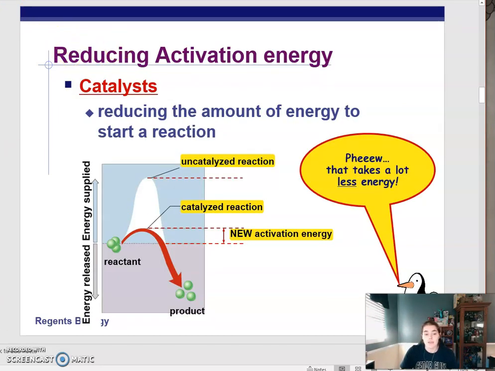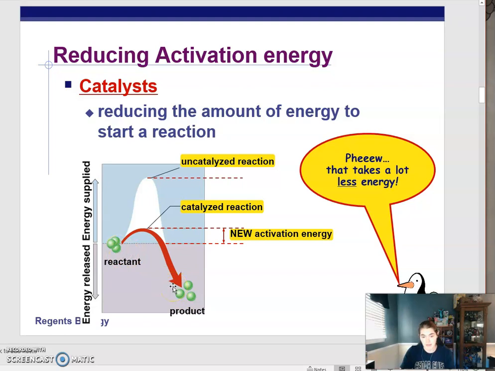So, reducing activation energy. Catalysts make it easier for these reactions to occur. So it reduces the amount of energy to start a reaction. So you have a reactant, which is your starting thing, and then your product is what you produce. Easy way to remember this is you don't go on the show Shark Tank pitching your reactant. You pitch your product.